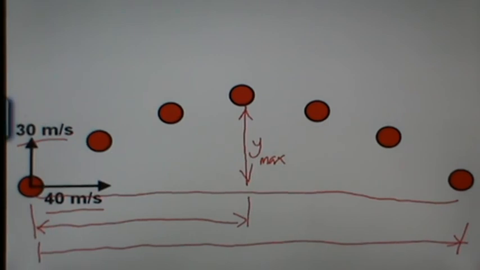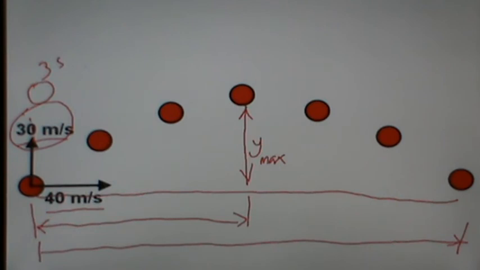So you see that the initial velocity in the y direction is 30 meters per second. Therefore, the ball will get the highest point after 3 seconds. And that's also the time needed to this highest point, 3 seconds.